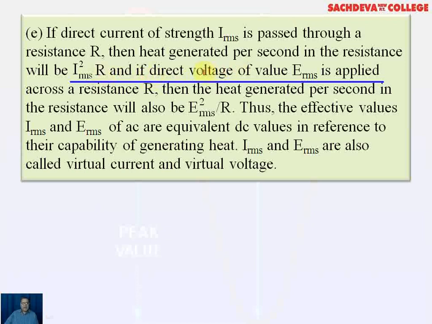And if a direct voltage of value E RMS is applied across the resistance, then the heat generated per second in the resistance will be E square RMS over R. Therefore, the effective values I RMS and E RMS of AC are equivalent to DC values in reference to their capability of generating heat. I RMS and E RMS are also called the virtual current and the virtual voltage.